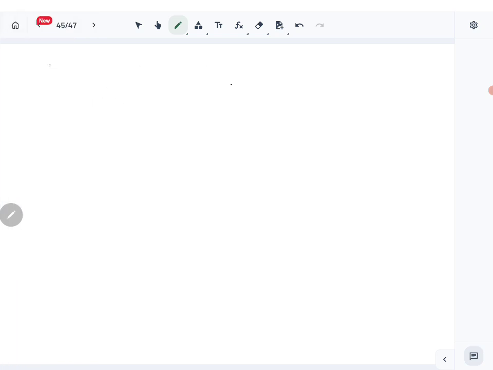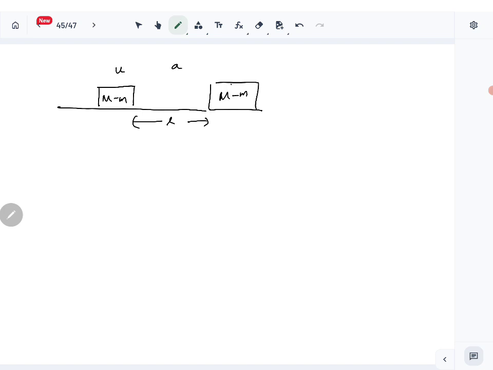Now what happens? After the detachment, it goes L kilometers before the engine is stopped. It was traveling with this initial speed, then it goes L kilometers with the acceleration a that we found.